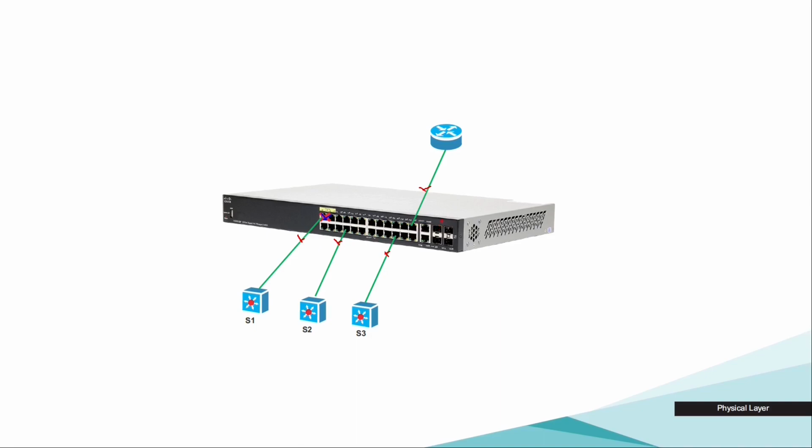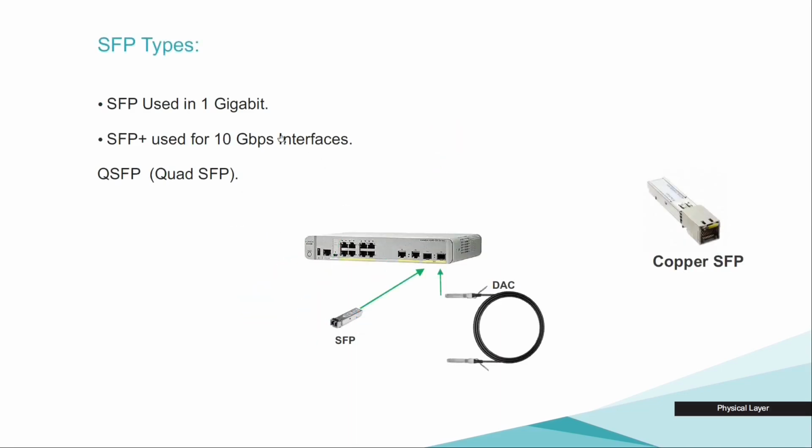This is not appropriate in production because there will be an outage, and all companies try to avoid that. That's why we have the SFP. The SFP is a removable connector. If you can see right here, those two ports are empty.